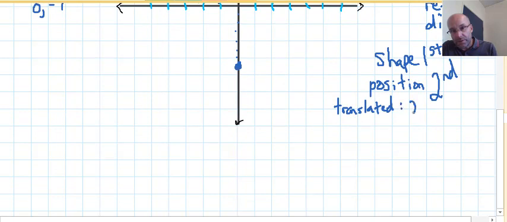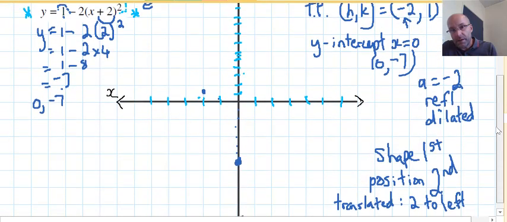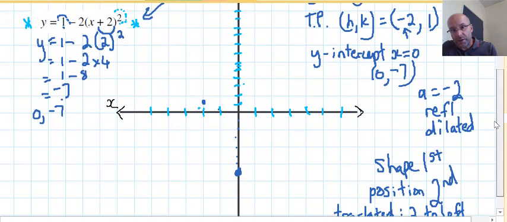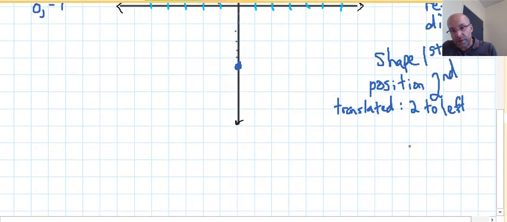So 2 to the left, and k was 1, so it's going to be translated up 1 unit. So 2 units to the left and up 1.